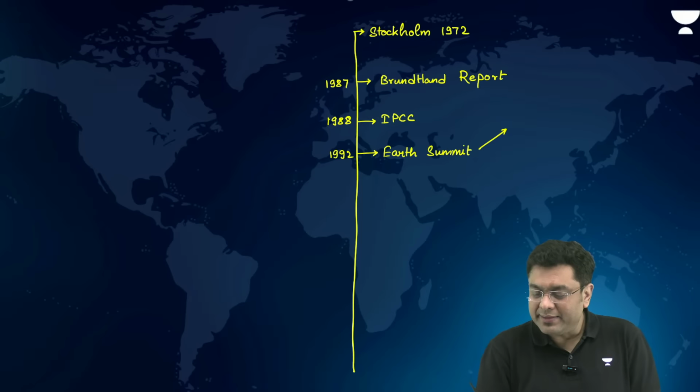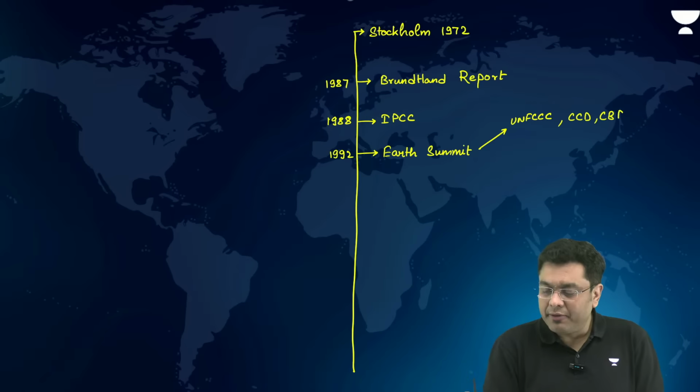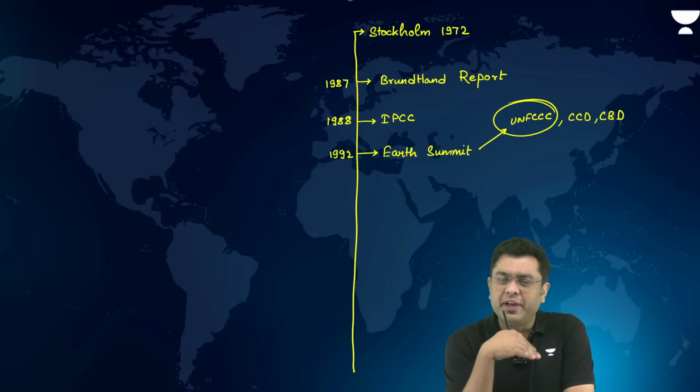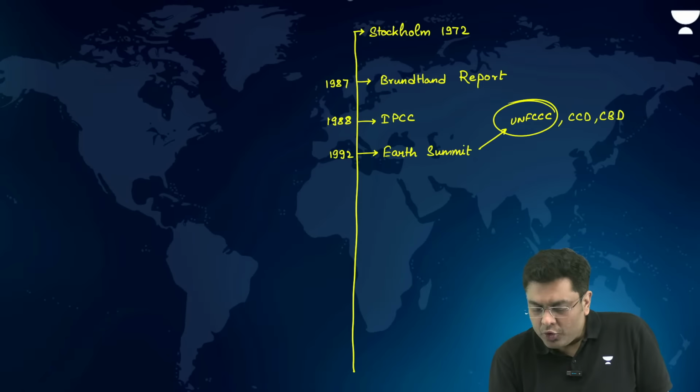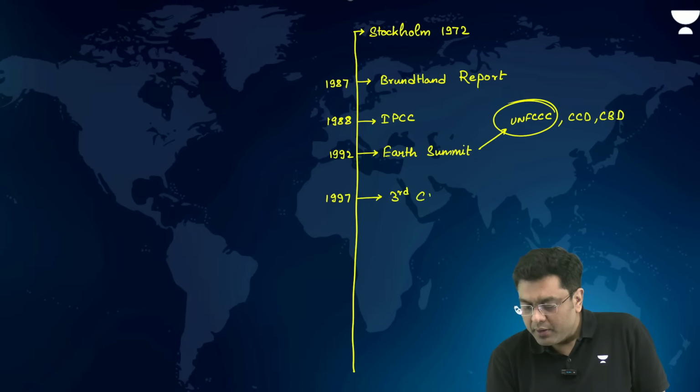And simultaneously, you have the 3 conventions, UNFCCC, UNCCD and CBD. Now, if we consider Framework Convention on Climate Change, because we are considering the list for climate, that is where you have in 1997, the Kyoto Protocol at the 3rd Conference of Party.